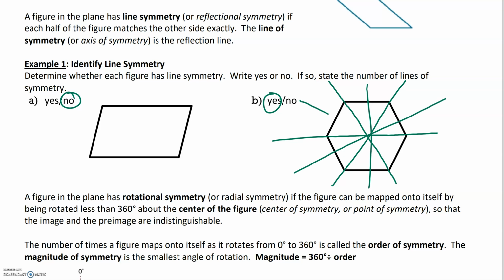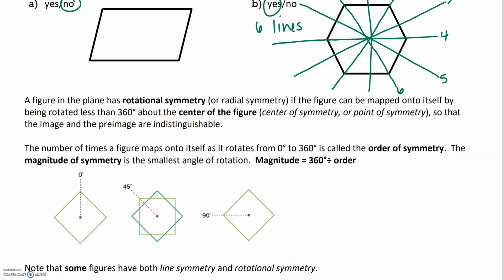Yes, we can. So we have 1, 2, 3, 4, 5, 6 lines, because this is number 1's line coming through down here, and this is number 2's line. So we have 6 lines only. That's quite a bit, actually.